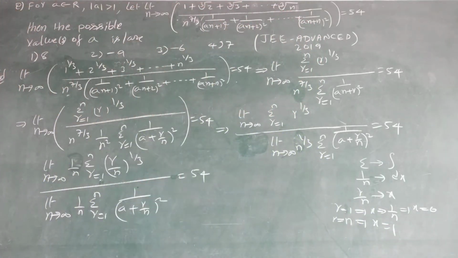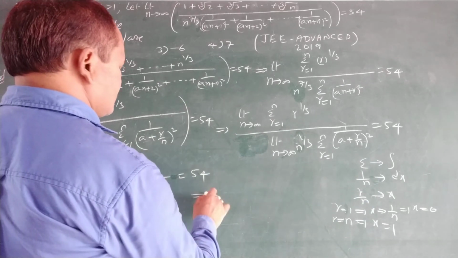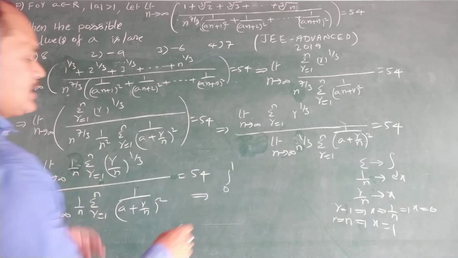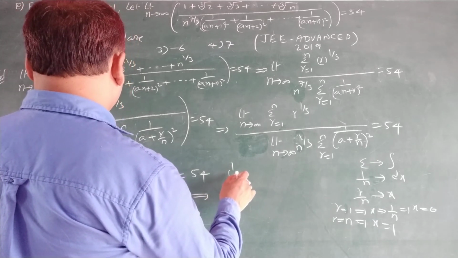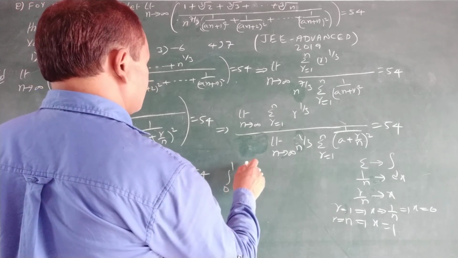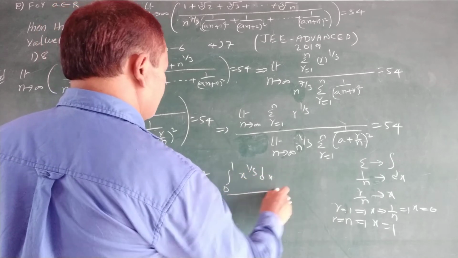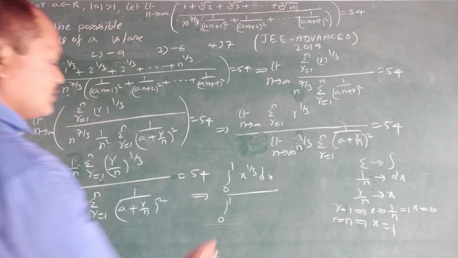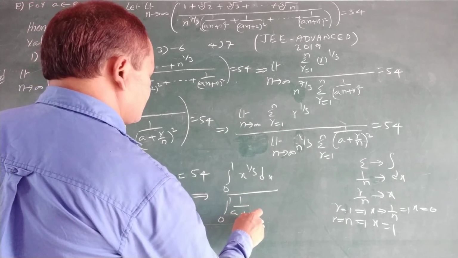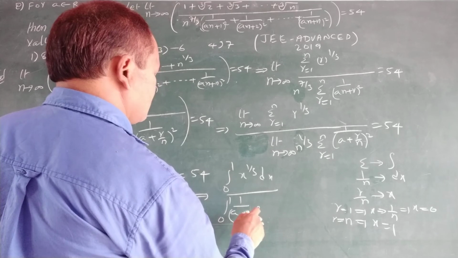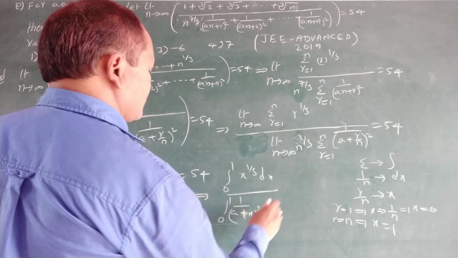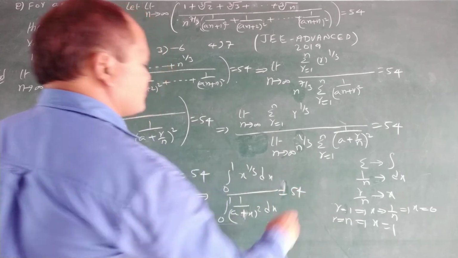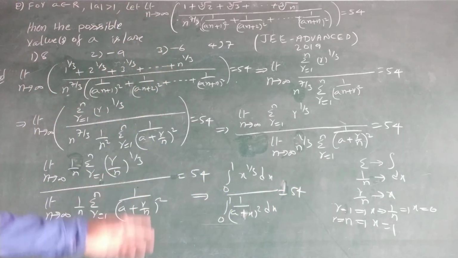That's why this changes into the integral from 0 to 1 of x^(1/3) dx in the numerator, divided by the integral from 0 to 1 of 1/(a + x)^2 dx in the denominator, is equal to 54. Now apply integration.